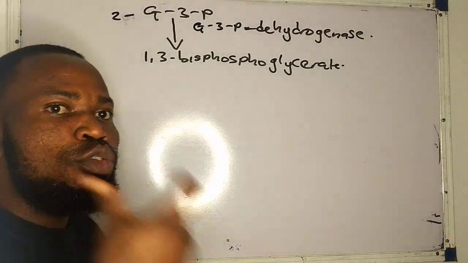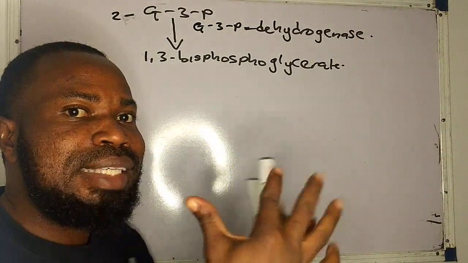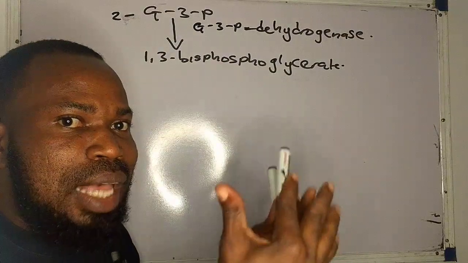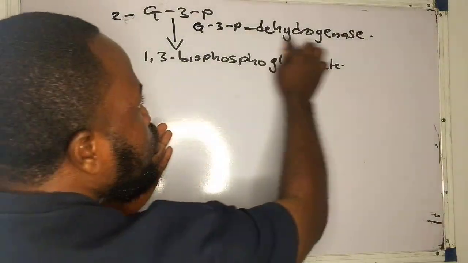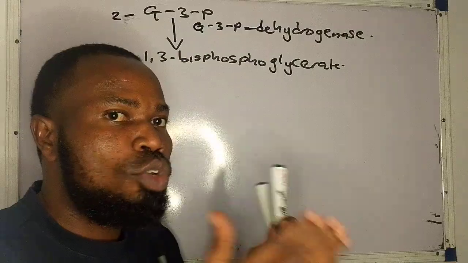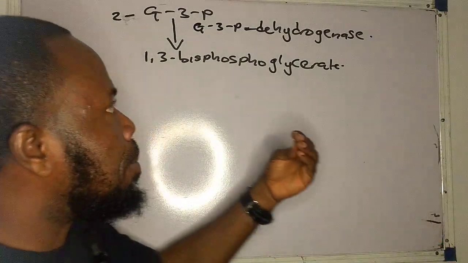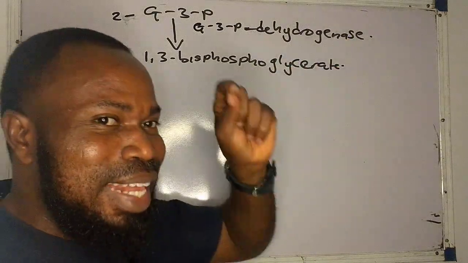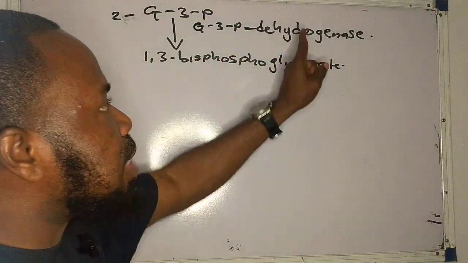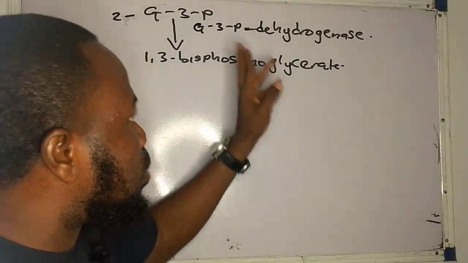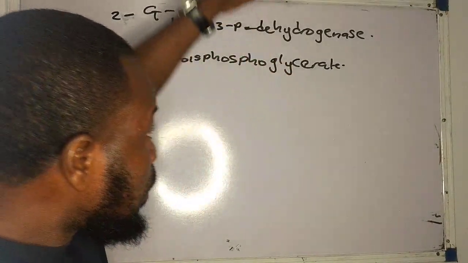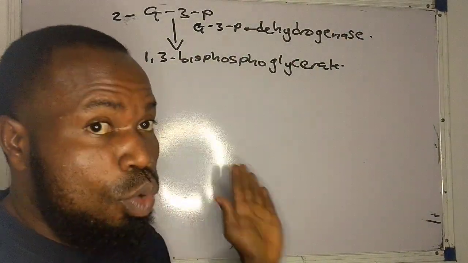So for those of us that are new to enzymology, talking about enzymes and their names, dehydrogenases usually catalyze redox reactions in metabolic pathways. So most times when you see the name dehydrogenase in the enzyme name, just know that that enzyme is involved in a redox reaction.